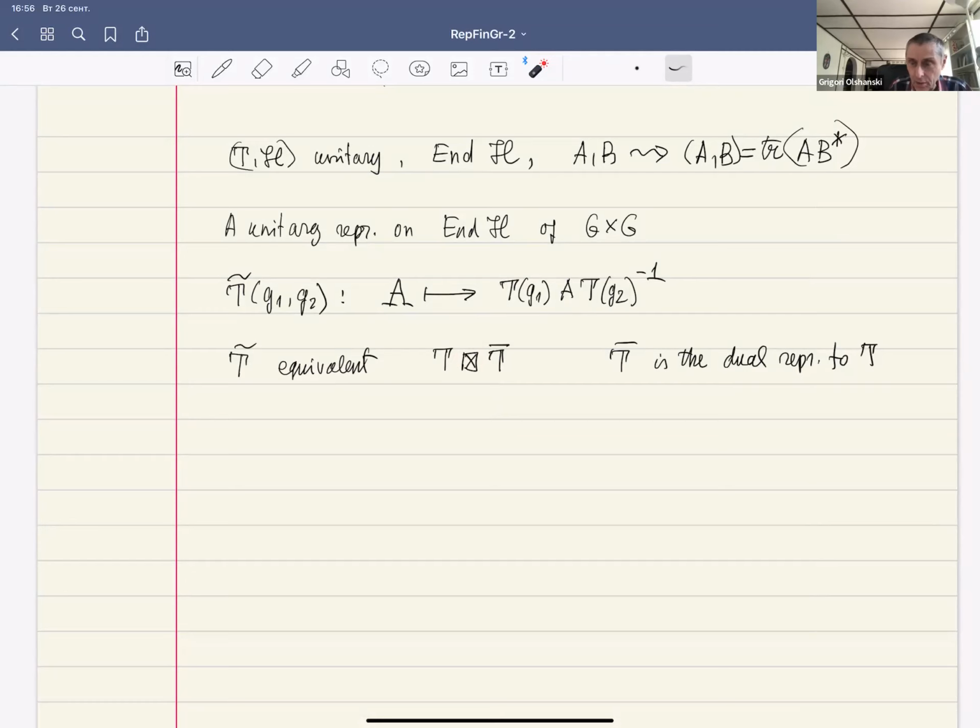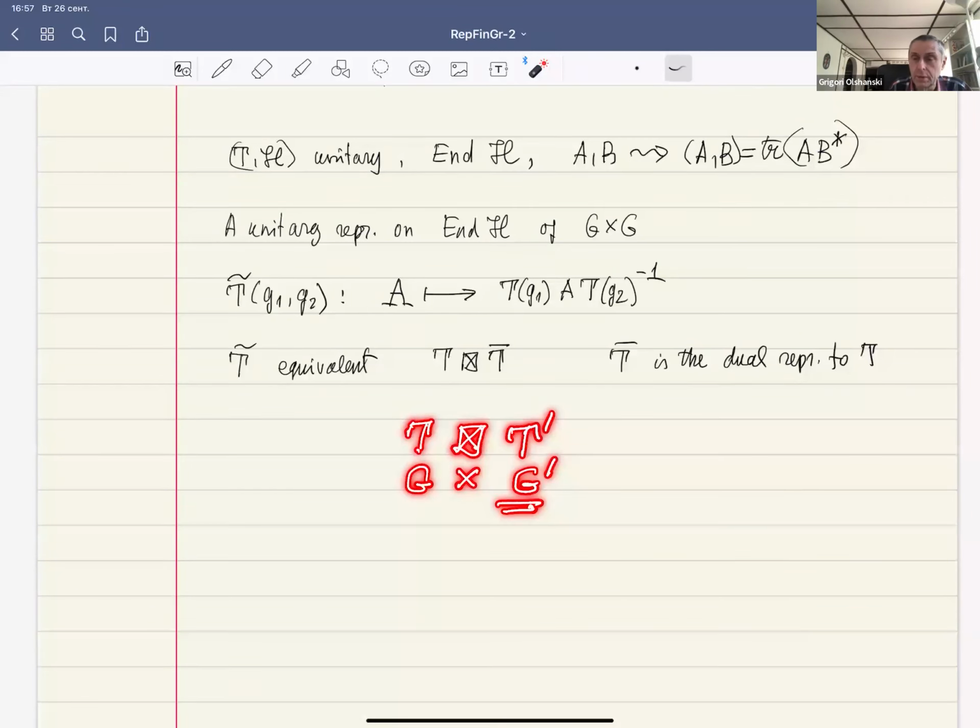And the exterior means that, in general, it may happen that we have one representation of one group and another representation of another group. Then we can take the exterior tensor product, a representation of the direct product of two groups, which in principle can be different.